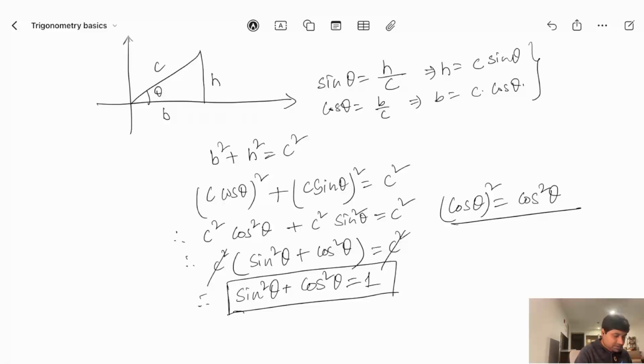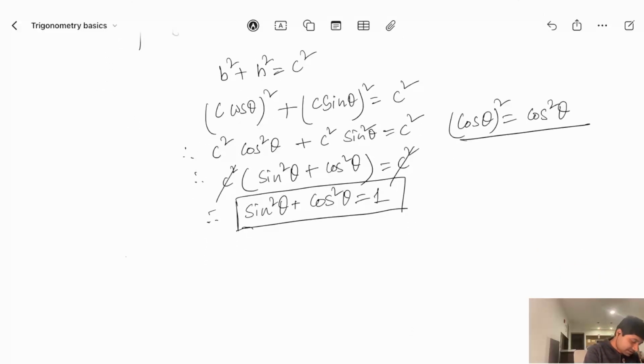When we discuss the graph, how we can plot sine and cos with respect to different angles, we can easily see that this quantity is always constant and the value is 1, like sine square theta plus cos square theta is 1. In general, as we discussed, when theta is between 0 to 90, both sine and cos values are between 0 and 1.